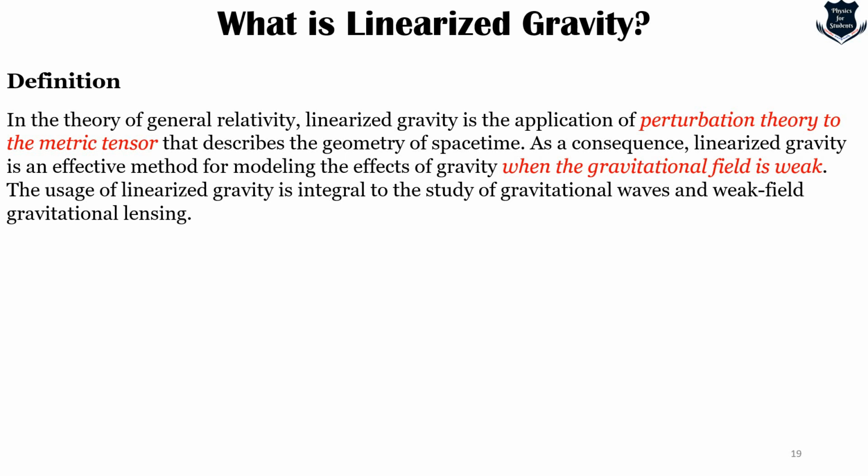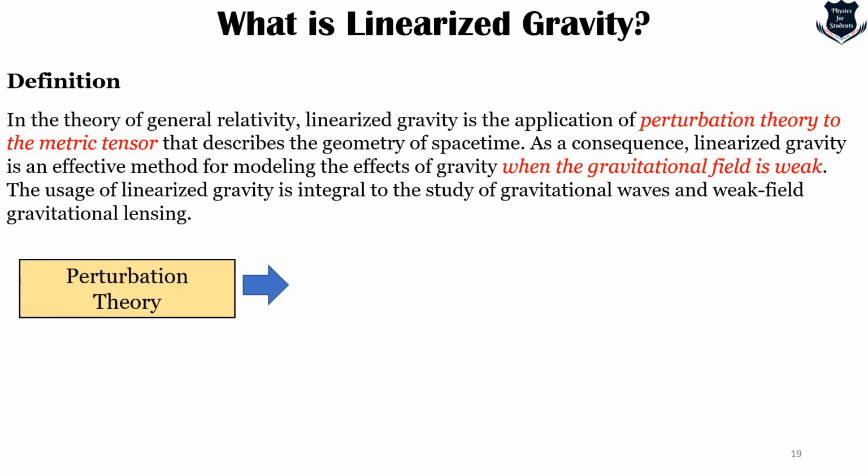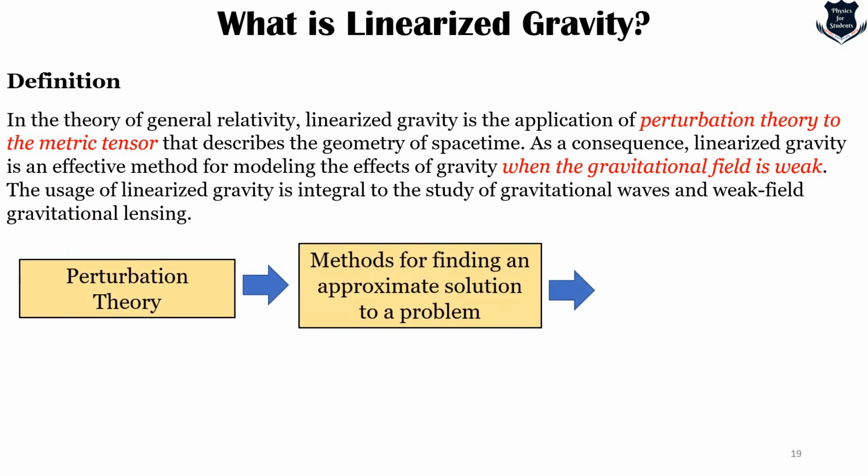So as you can understand, we are reducing the gravity and taking it to be very weak so that the equations become easier. Now perturbation theory, as you may have learned in statistics etc., is a method for finding an approximate solution. That means we are not taking the exact value because it would be too complicated. We are using perturbation theory.